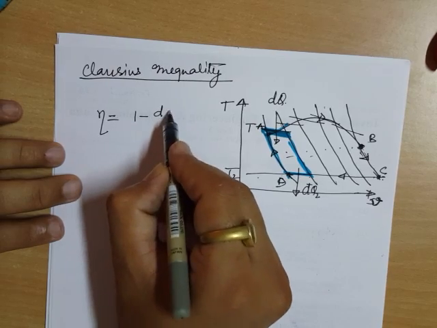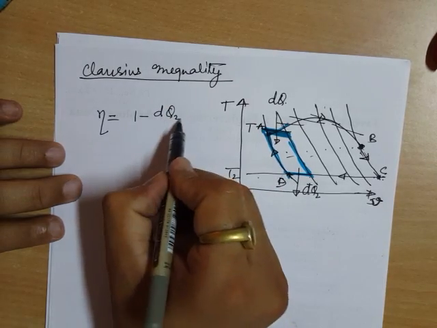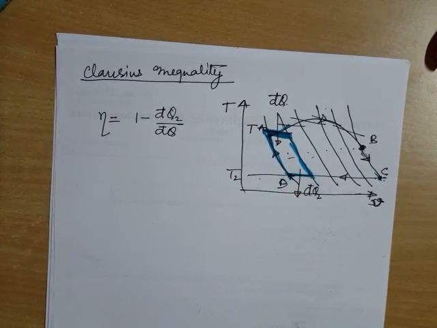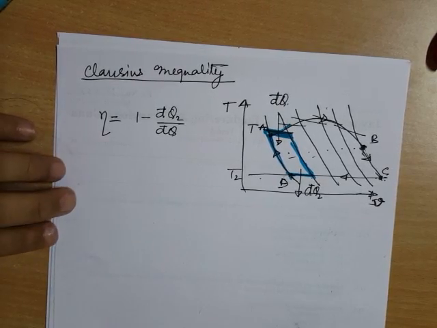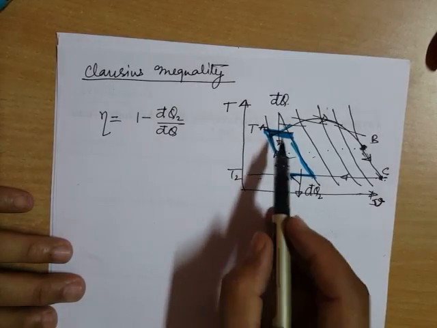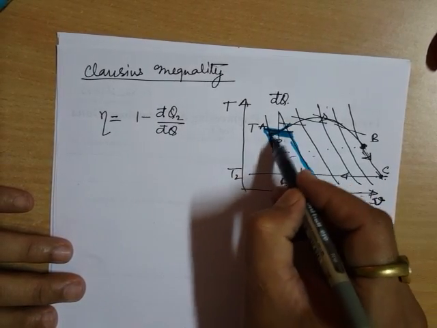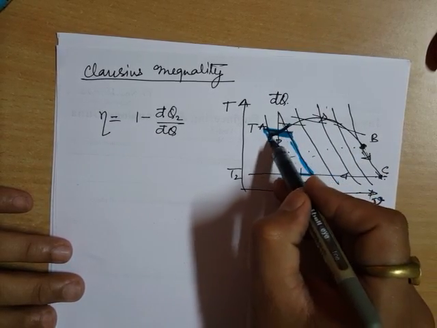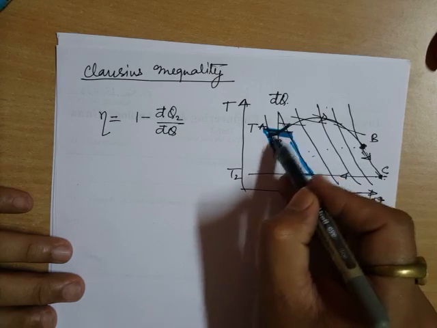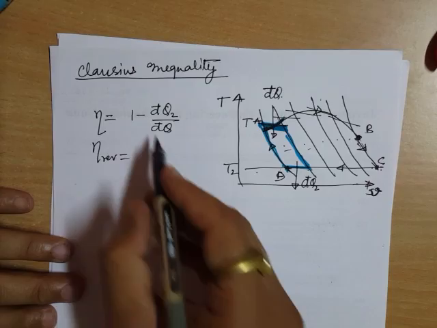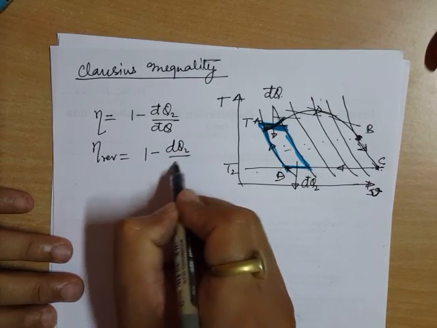It will be 1 minus dq2 divided by dq. What will be the efficiency of a reversible cycle? As this is not necessarily a reversible one, this is a general cycle. It can be reversible, it can be irreversible. So if this is a reversible cycle, then the efficiency of a reversible cycle between the same temperature limits will be 1 minus dq2 by dq.